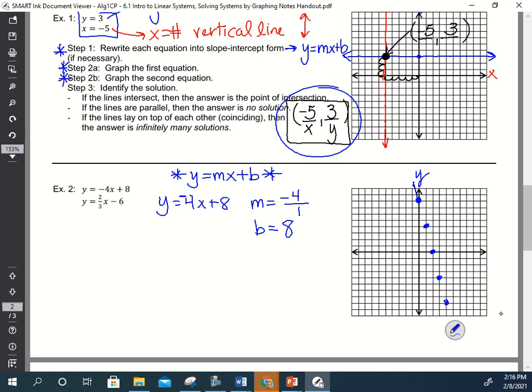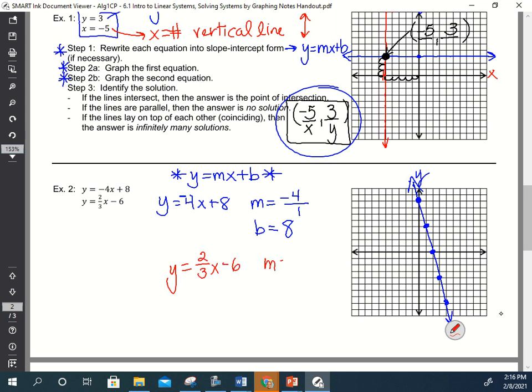So for these equations, for these lines, I strongly suggest you go all the way down. You go as far as you can go. Because you want to see where they meet. Let's do the second equation.